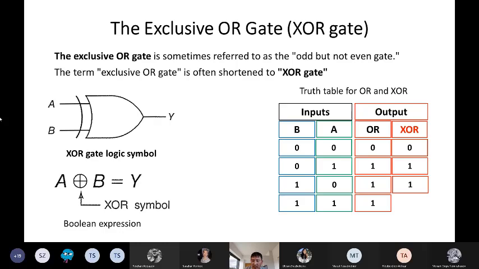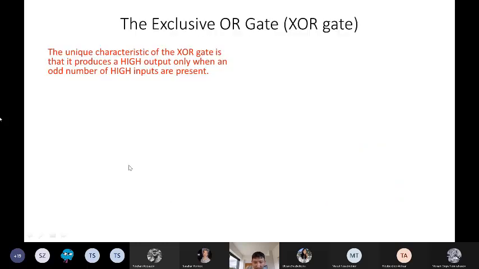What do you think will be the XOR output? 0. Why? You're right, it will be 0, but why? Because we have 2 inputs that are high, but 2 is an even number, right? For this reason it will be 0.